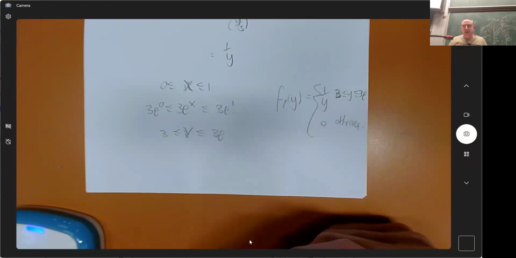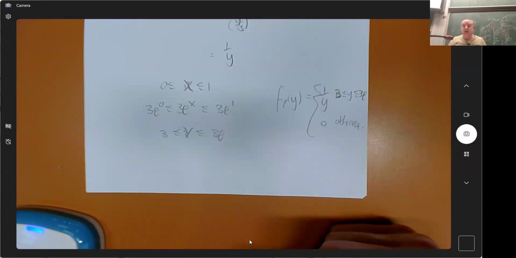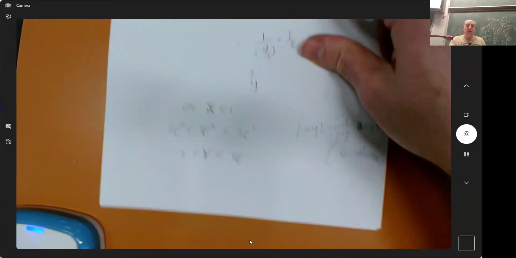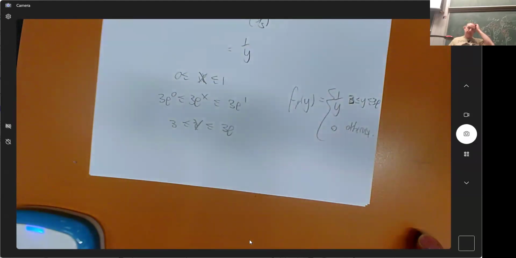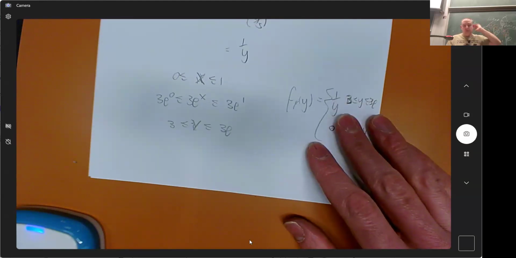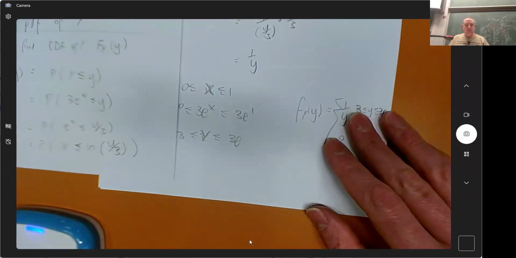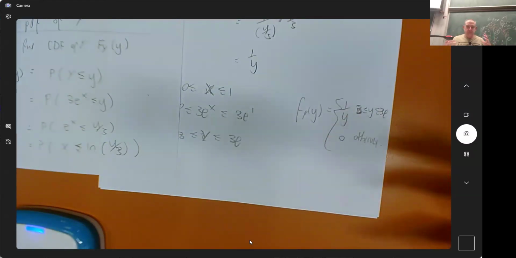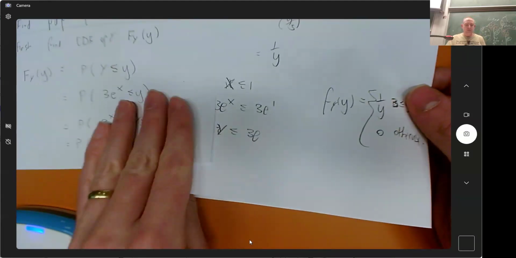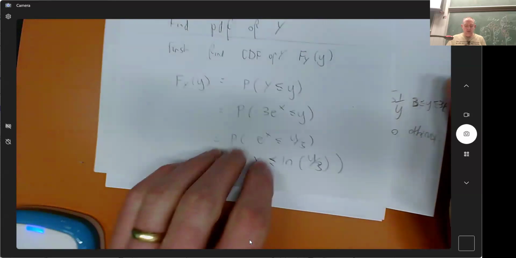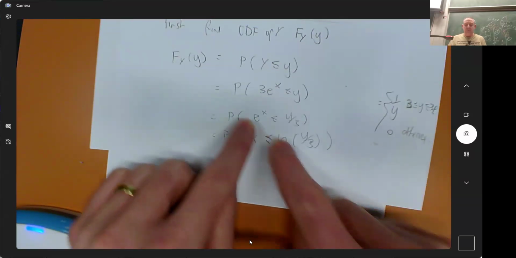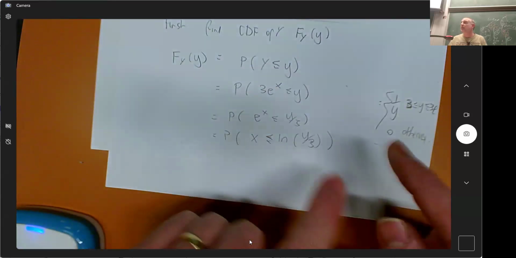Okay, so this one was pretty easy after the point where we created our integral, because we didn't have to integrate something fancy, it was just the number 1. But notice some things. In this process, this is the inverse of that function. I did it by unwrapping this to get back to x, which is what the inverse function is for.